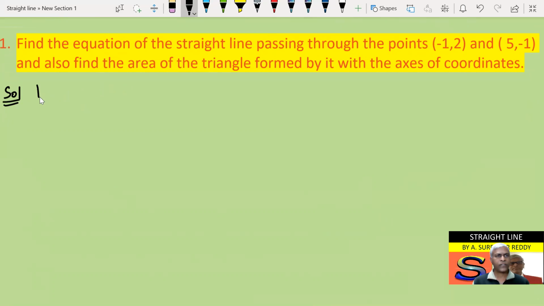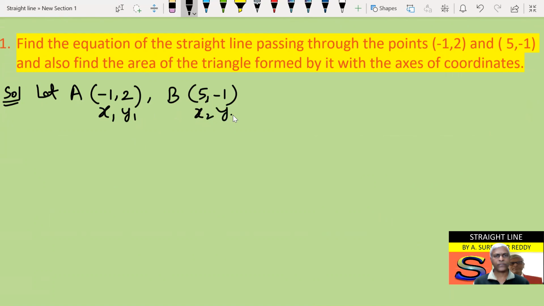Let us take the 2 points: the first point A (-1, 2), and B (5, -1). First point x1, y1, second point x2, y2.